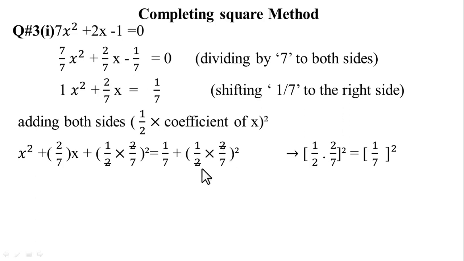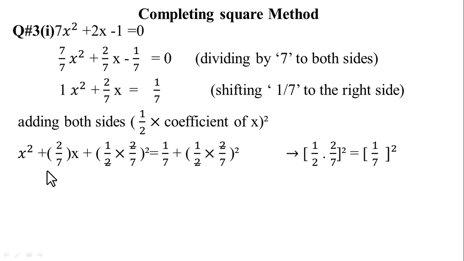Here 2 cancels out by 2, and similarly 2 cancels out by 2. We take the coefficient of x as 2 upon 7. So 1 upon 2 multiplied by 2 upon 7, then 2 cancels out by 2, is equal to 1 upon 7 whole square. So we add 1 upon 7 whole square to both sides.